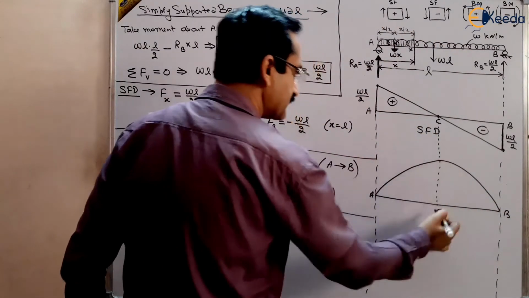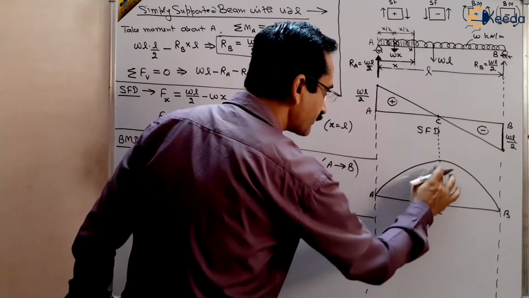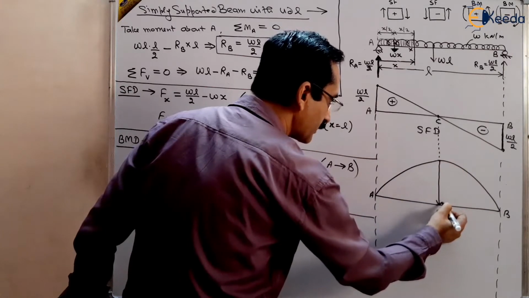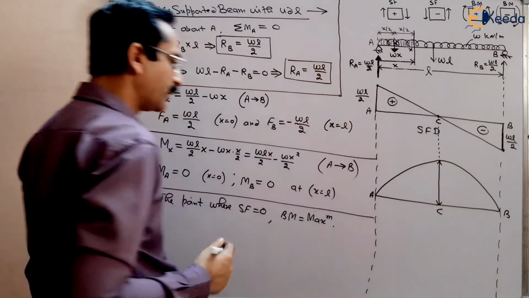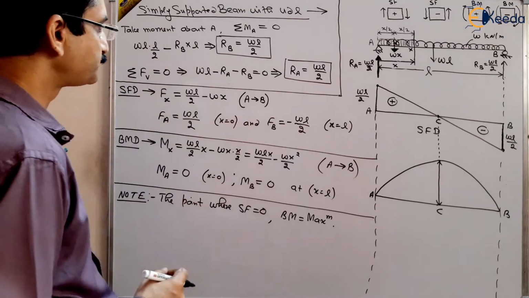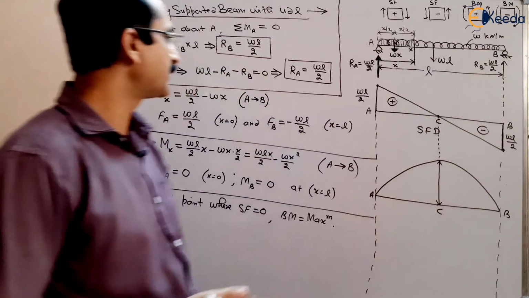And at C point, we can find out how much is the maximum bending moment. This is at the point where shear force is 0, and we know by symmetry shear force is 0 at the center.